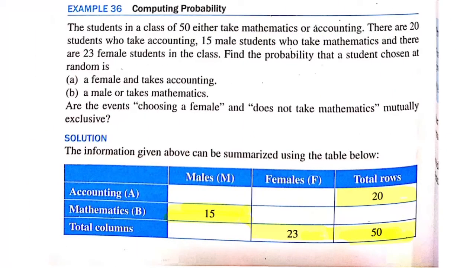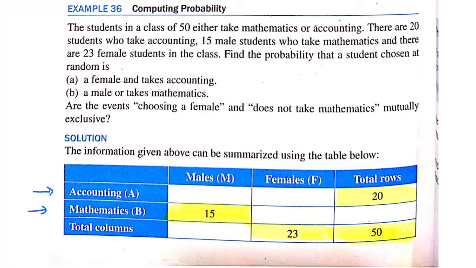Now, let's see a new example. You will see that the solution here uses a table. Why do we need to use a table? Let's read the question first. The students in a class of 50 either take mathematics or accounting. That's why there are two subjects written here, one for accounting and one for mathematics. Then they talk about male students and also female students in the class.